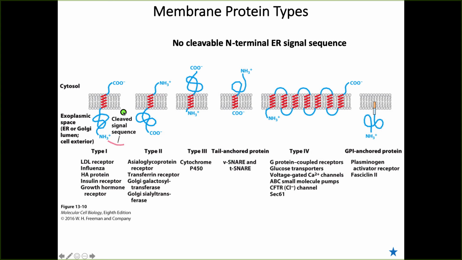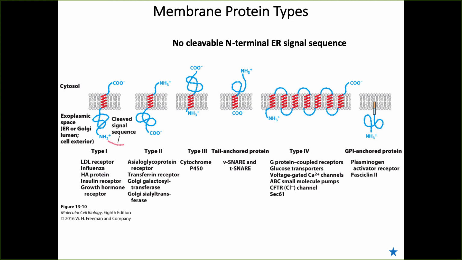And then there is a specific sequence which is read right here, which is a hydrophobic sequence. When this hydrophobic sequence is passing through the translocon, it stops the translation for a while. We're going to call these stop transfer sequences.